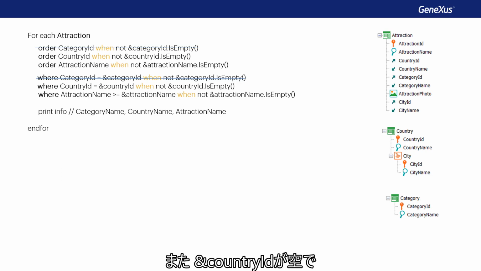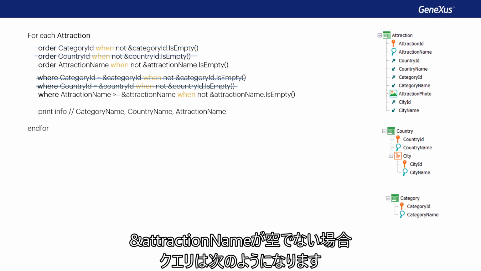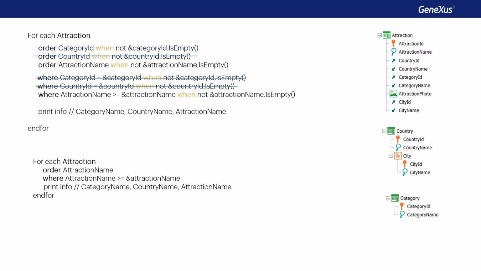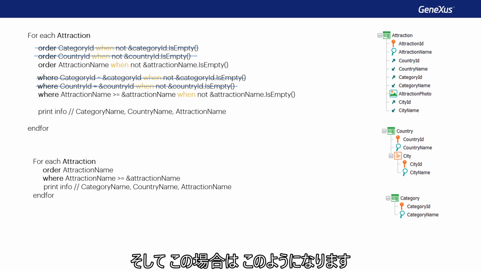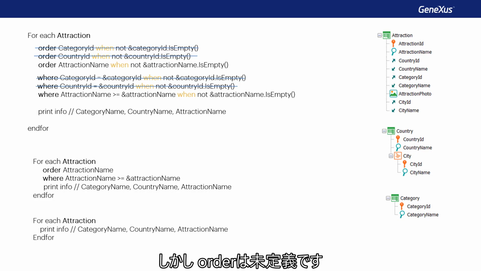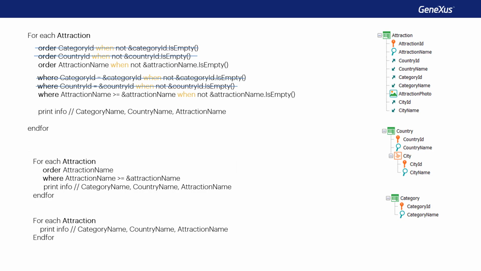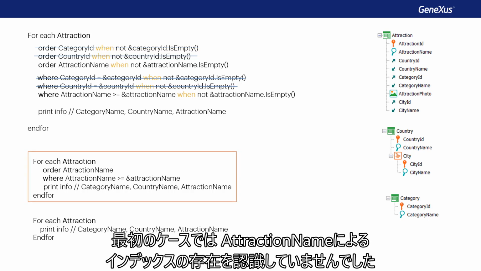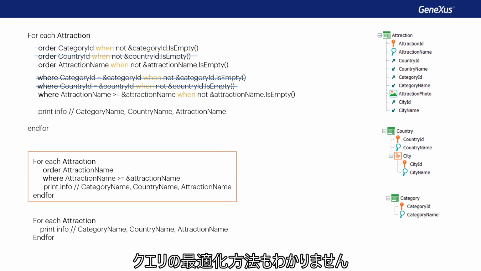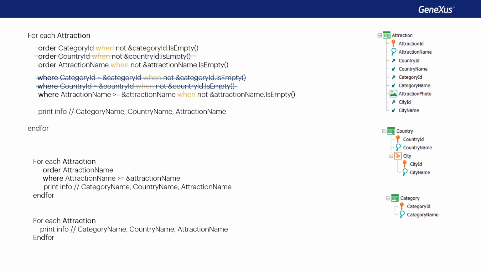If country ID is empty as well, then, if attraction name is not, the query will look like this. And if it is, it'll look like this, but the order will be undefined. This means that it can vary depending on the DBMS and even between successive executions. In the first case, as we're not aware of the existence of an index by attraction name, we don't know how optimized the query will be.